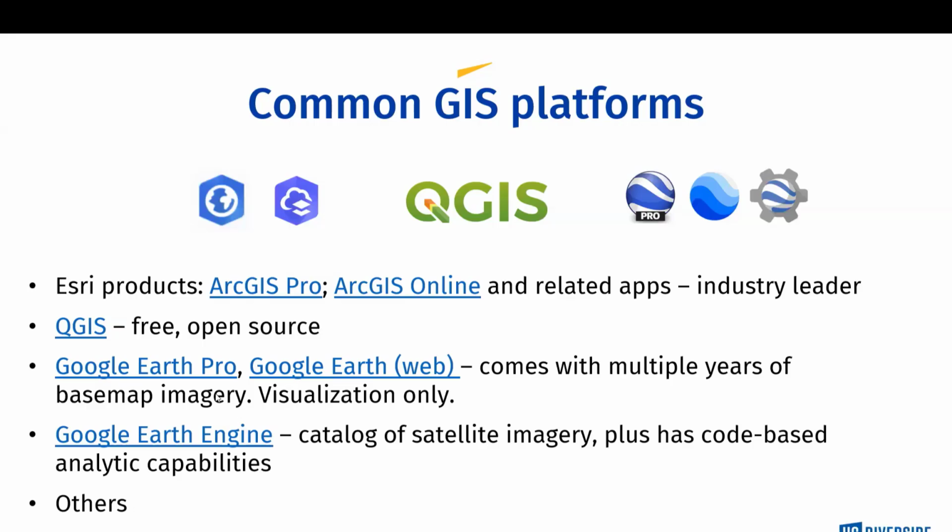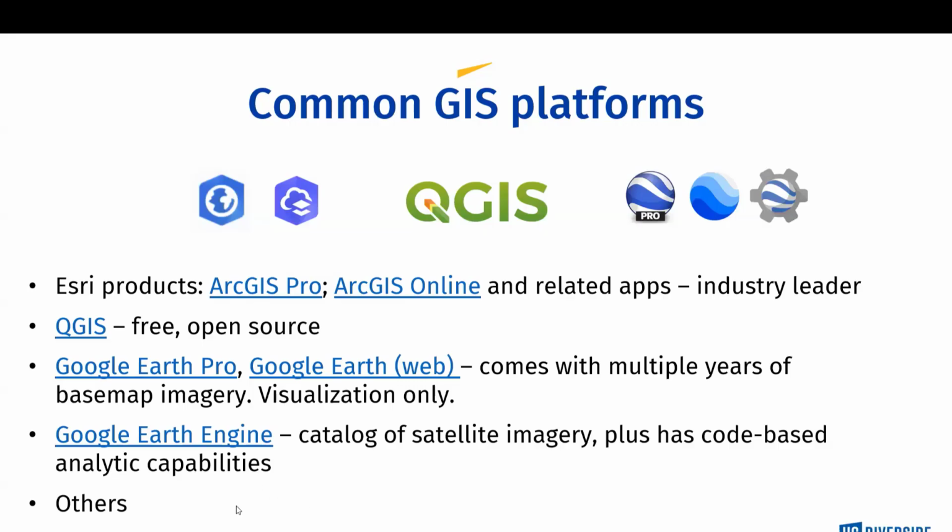Then on the Google side of things, there's Google Earth Pro, which is a desktop version, and Google Earth for web. Both of these come with multiple years of base map imagery, which is super valuable if you need to go back in time at all. The catch, though, with Google Earth is that you can only do visualization of the images. There's no analytical tools in these.